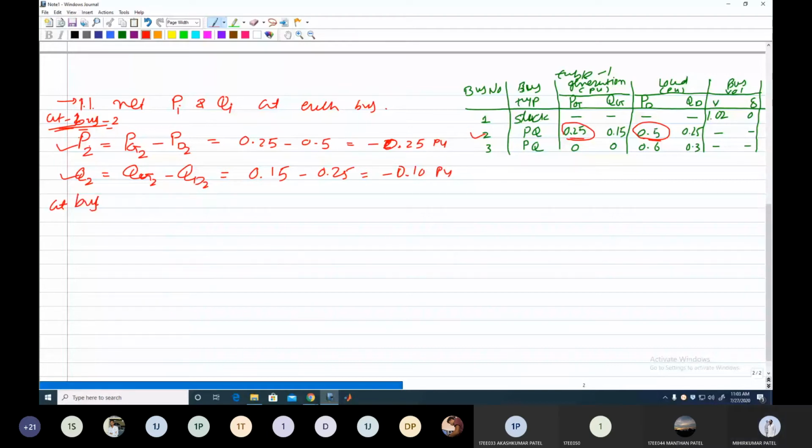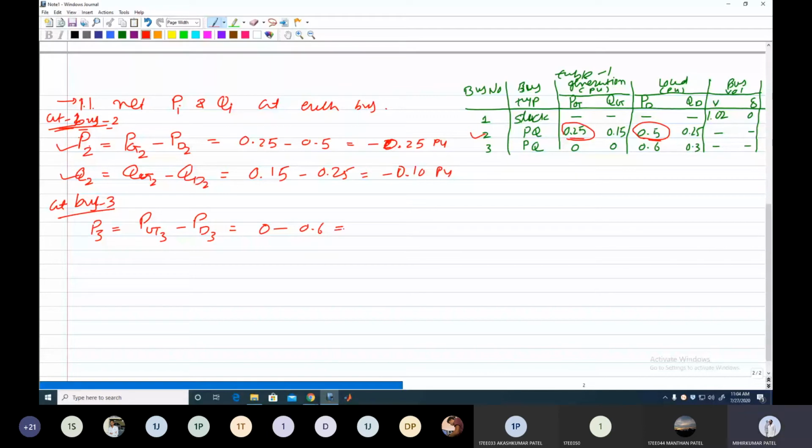Now same way at bus number 3. What is the value of P3? Same way, PG3 minus PD3. What is PG3? At bus number 3, just see table 1. It is zero. Zero minus demand at bus number 3, which is 0.6, so minus 0.6 per unit.